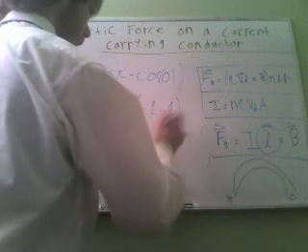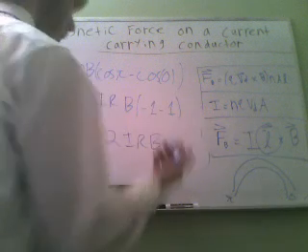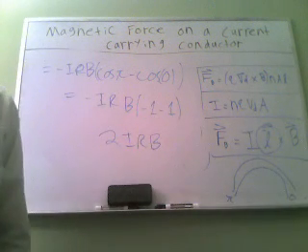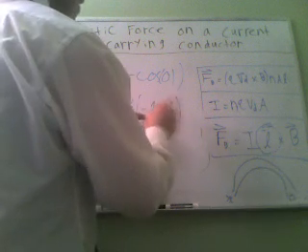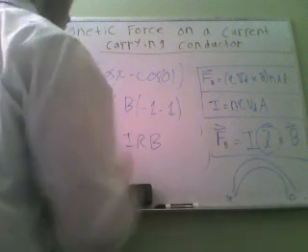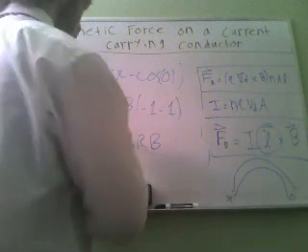A negative times a negative is positive, so negative 2 times a negative I R B is 2 I R B.